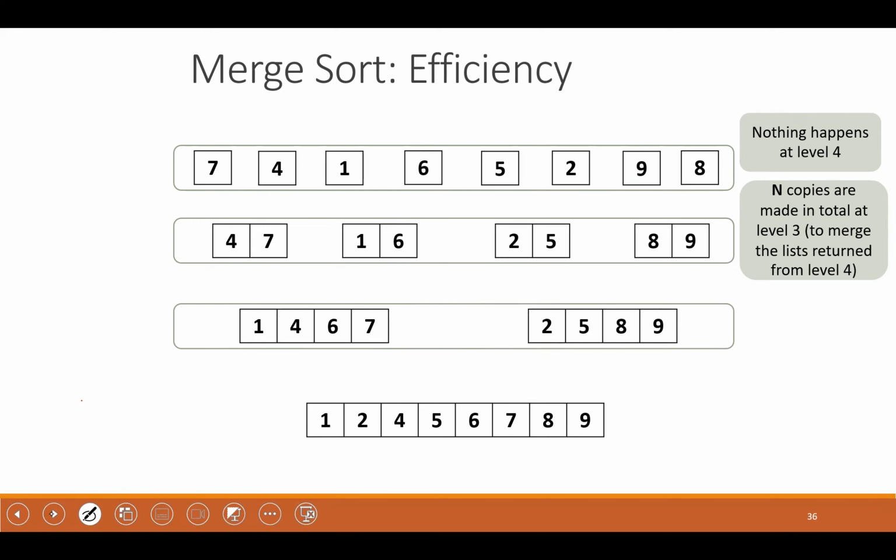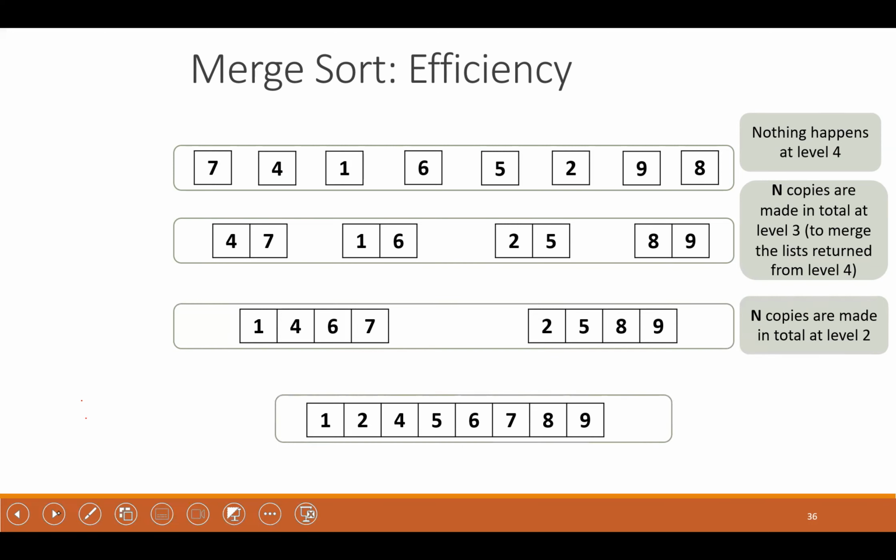And then at this level, again, I'm going to make copies of each element, every single element once on that level of the recursion. So I'm going to make 8 copies, or n in general. And then to copy everything into my final list, again, I make n copies. So we kind of have a sense now of how many copies are made.